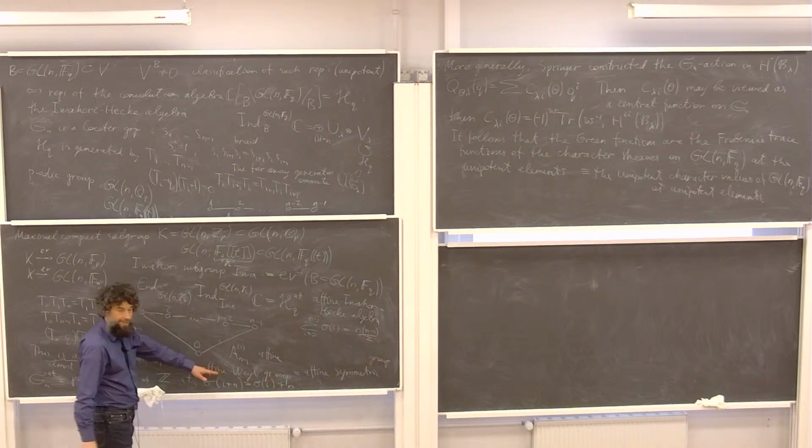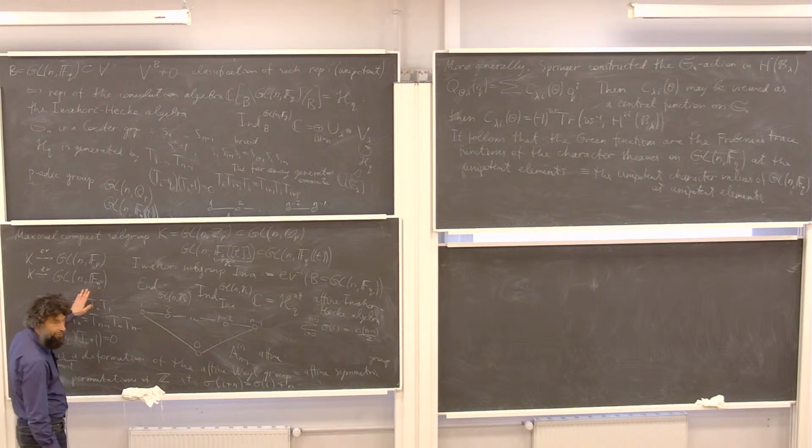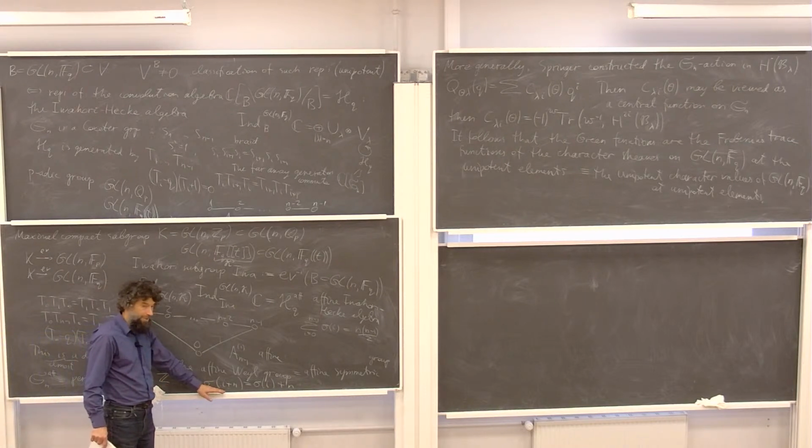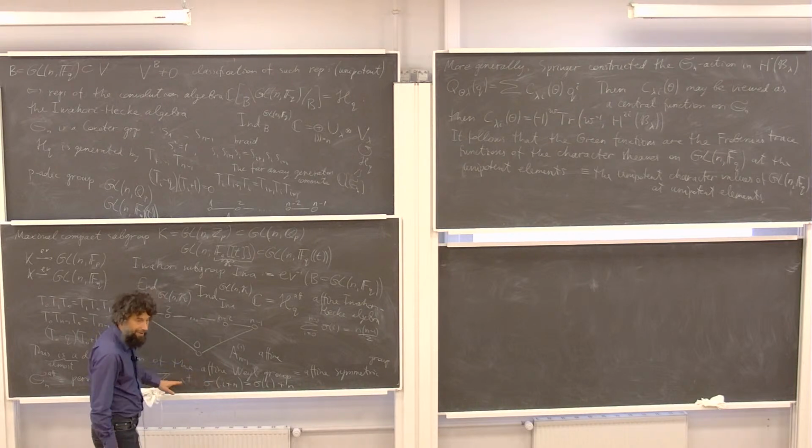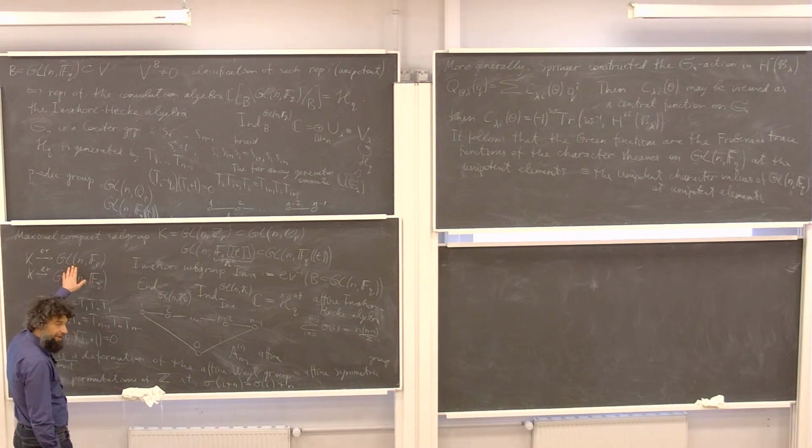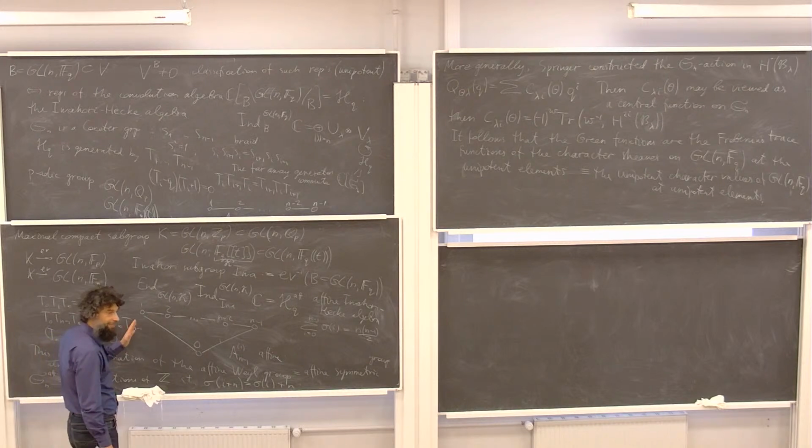If I impose this extra relation, then it's literally true. If I don't, then this group is a little bit bigger than this affine Coxeter group. But it doesn't matter much. Yes?